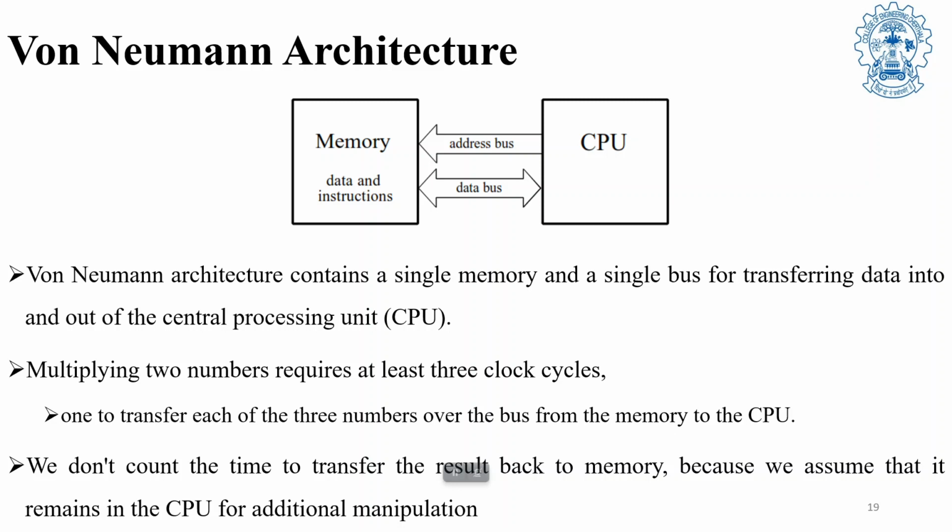Here we do not count the time or the clock cycle to transfer the result back to memory, because there is an assumption that the result after the program execution can be stored or can remain in the CPU itself for additional processing.